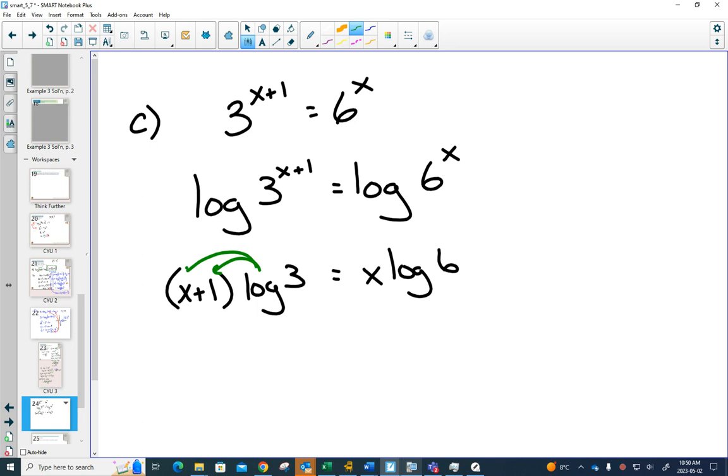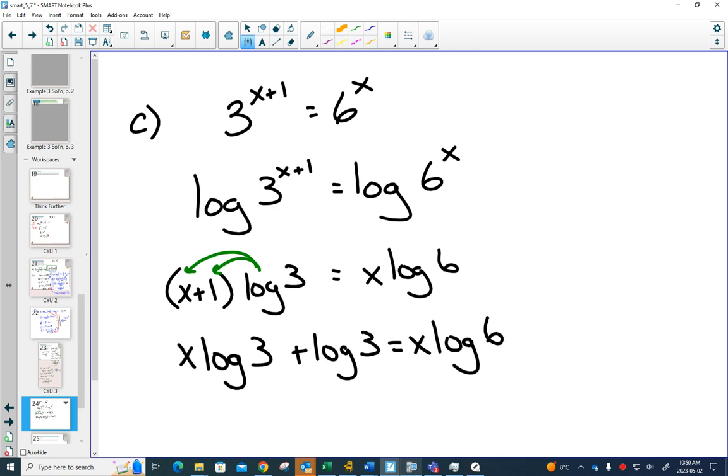And here you'd have to distribute. And now we have x in more than one place.